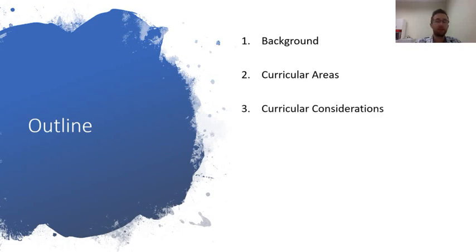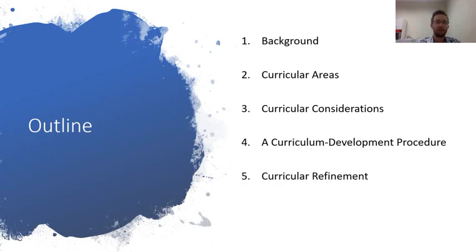Then we'll talk about some additional curricular considerations and describe a curriculum development procedure, which is described by the authors in your assigned reading. We'll talk about curricular refinement, where you further individualize the curriculum for your student, and then talk about the curricular format.